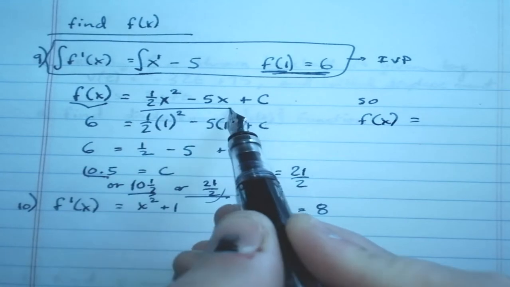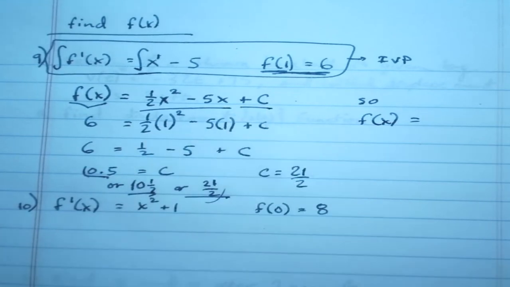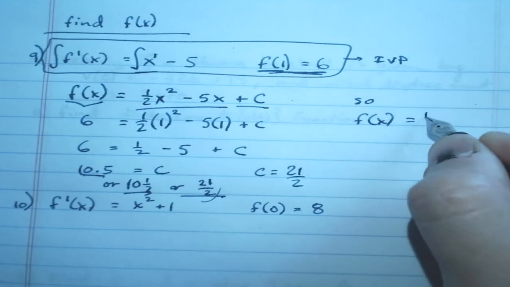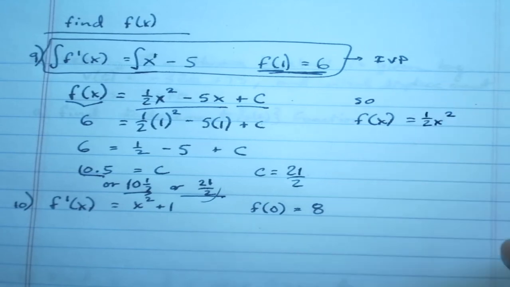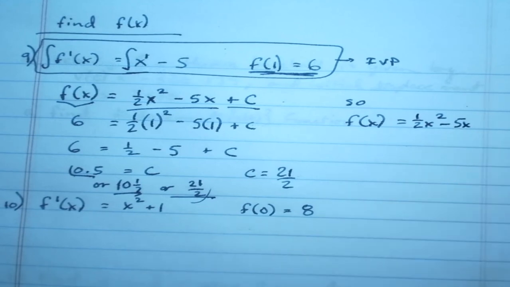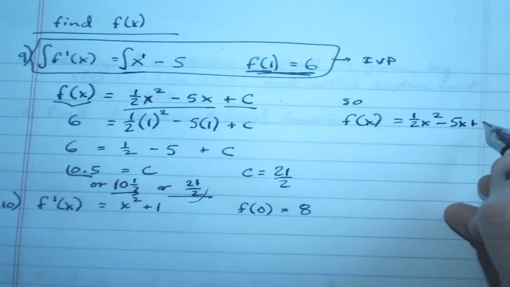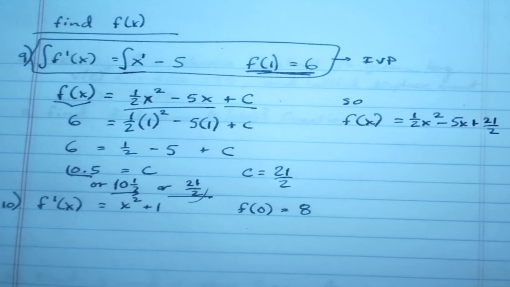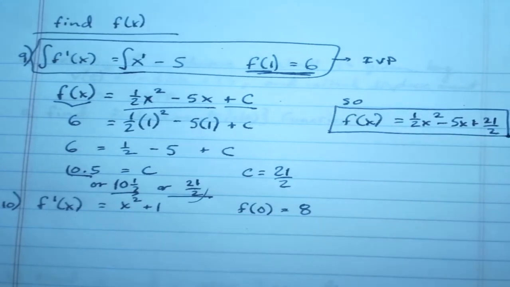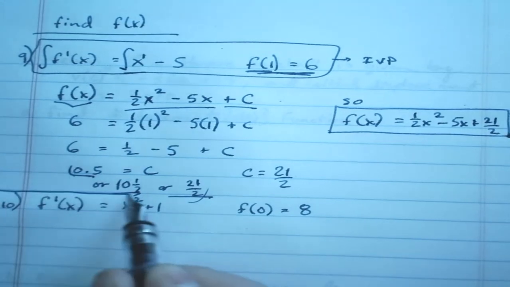Well, it's that function plus c, but I know the value for c now. So it's going to be 1/2 x squared minus 5x plus 21/2. Okay? Boom. Initial value problems.